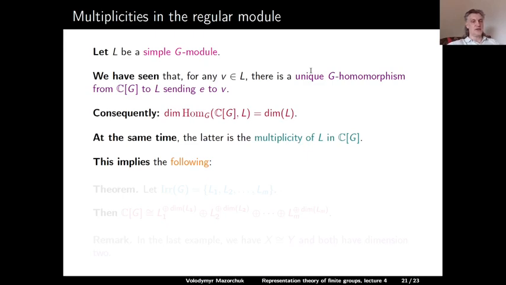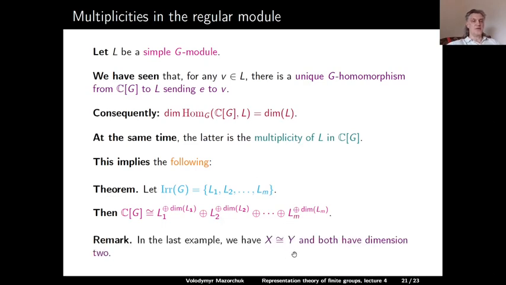So we can formulate it as follows. Let L1, L2, and so on, Lm be a complete and irredundant list of representatives of the isomorphism classes of simple G modules. Then the left regular representation CG decomposes as a direct sum of L1 with multiplicity dimension of L1, plus L2 with multiplicity dimension of L2, plus and so on.